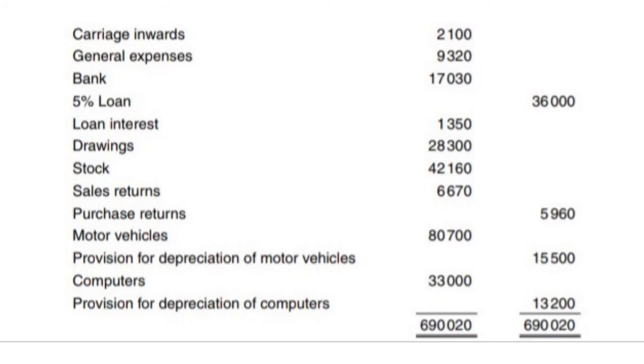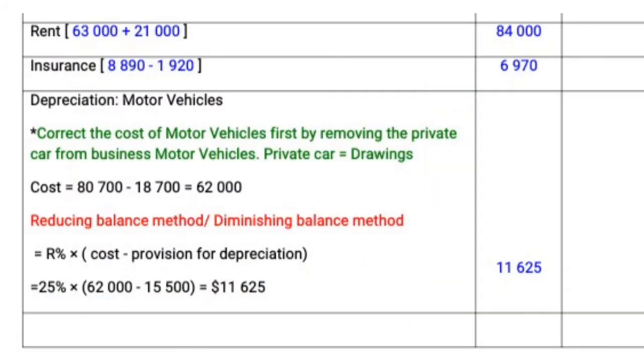So 62,000 minus 15,500, you get 46,500. Then you multiply it by 25%. You get 11,625. So this is how you're supposed to calculate depreciation for the motor vehicles.